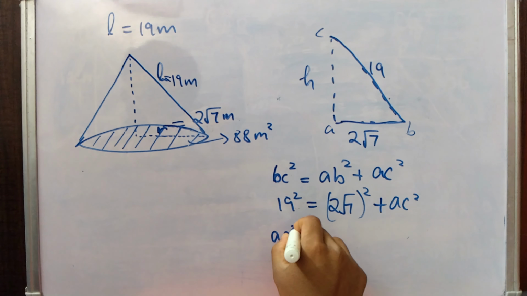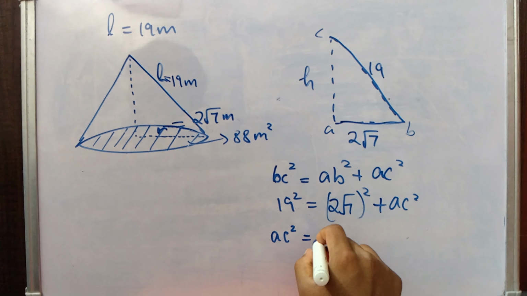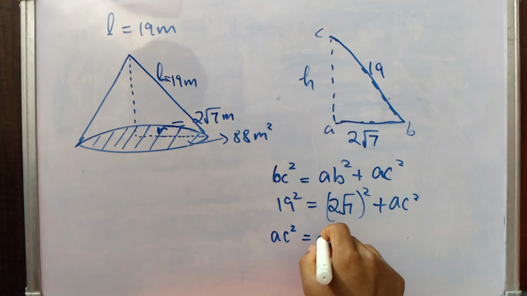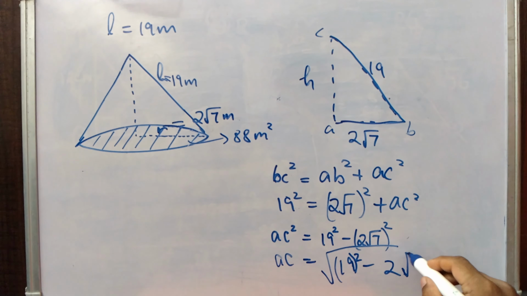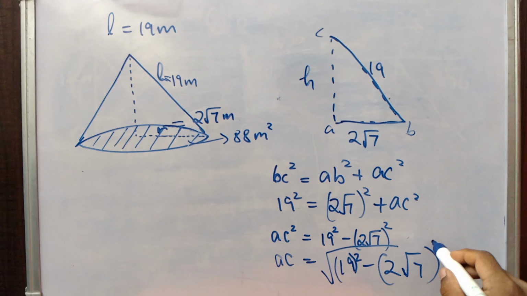So AC square is equal to 19 square minus 2 root 7 the whole square. So AC is equal to the square root of 19 square minus 2 root 7 the whole square.